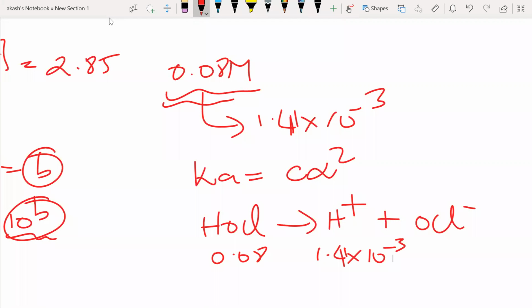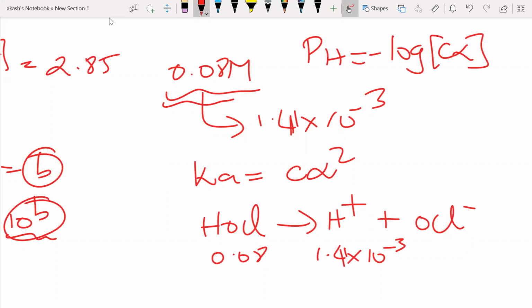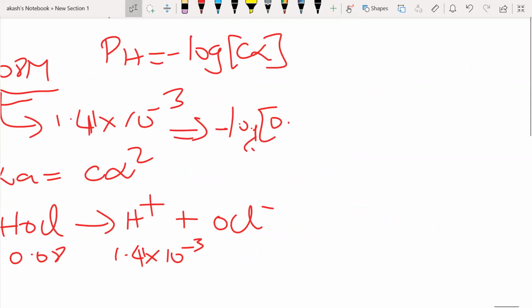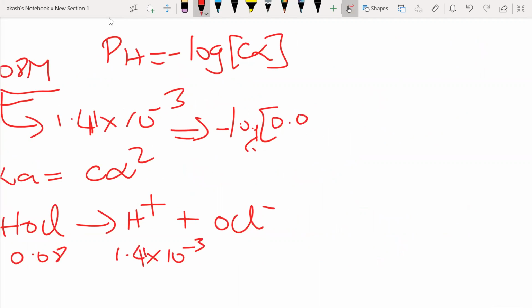Why am I doing so much? I can use the formula. pH is negative log of C alpha. Hope you remember the formula, guys. So pH I know is 2.85, and the concentration is 0.08, alpha we don't know.